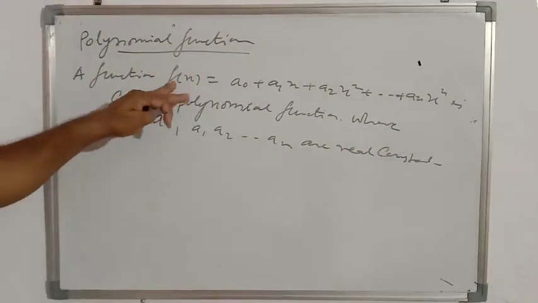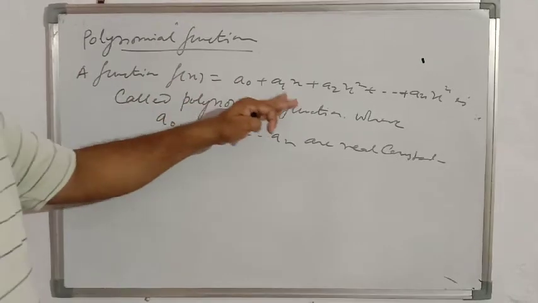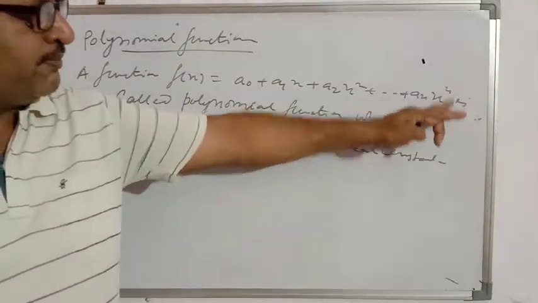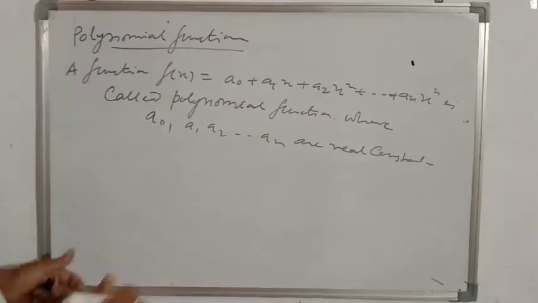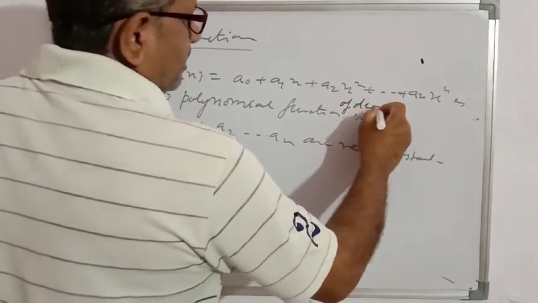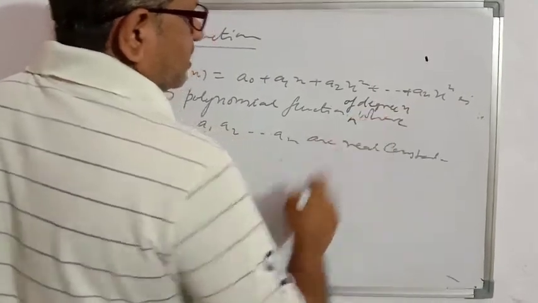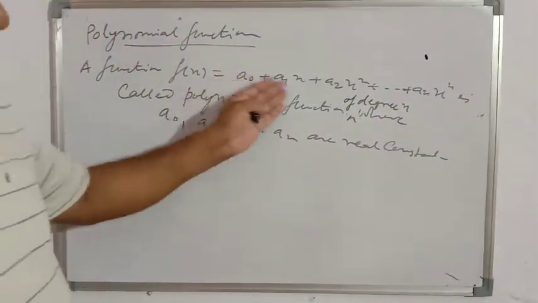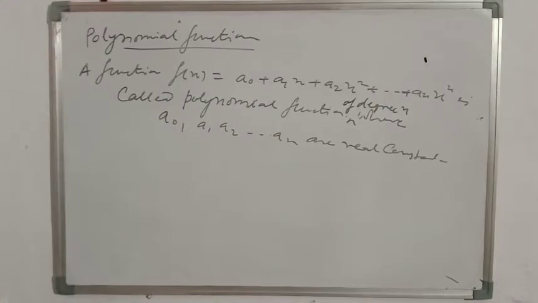A function defined like this is called a polynomial function of degree n, where a0, a1, a2 are real constants.